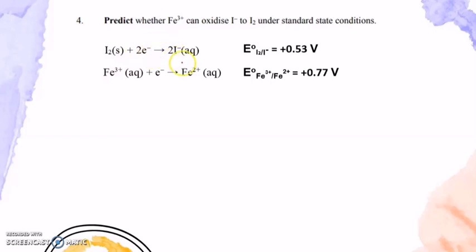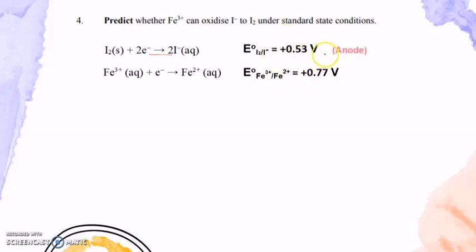In the SRP table, you can find the equations I2 plus 2 electrons produces 2I-, and Fe3+ plus electron produces Fe2+. This is the reduction equation. That's why the name is standard reduction potential. All the equations in that table are reduction equations, and this is the value of E°.